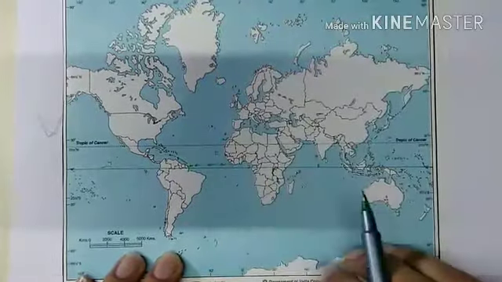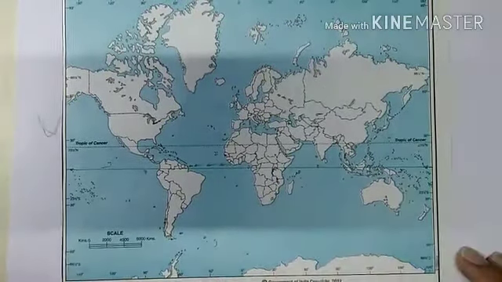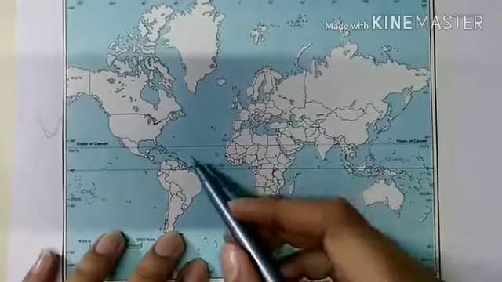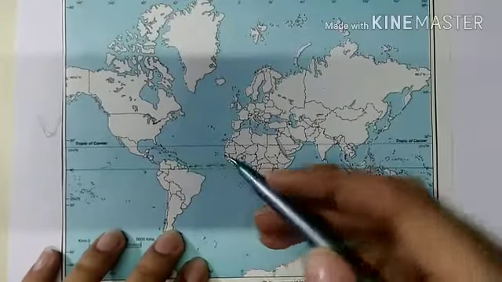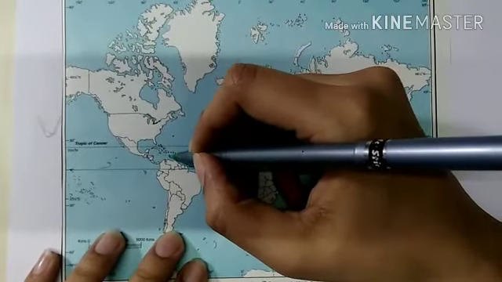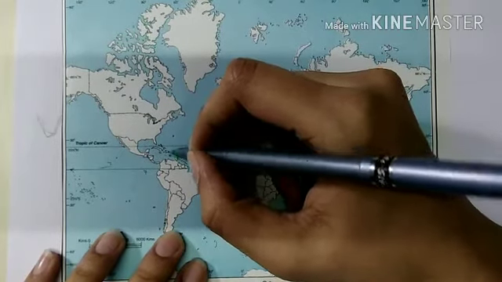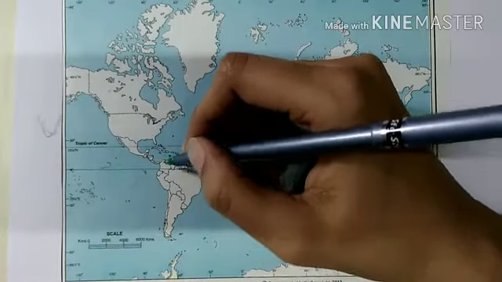Okay, so in North America, here we have the Antilles Islands. As the water strikes these islands, it divides into two parts. So this is the Antilles current.